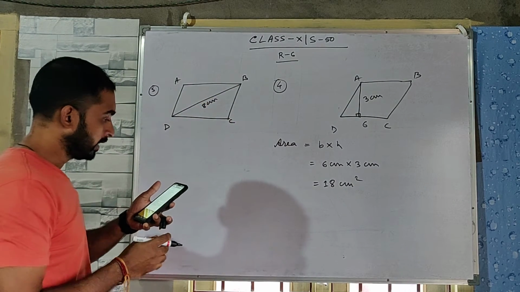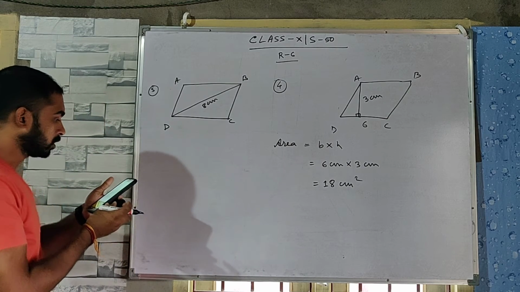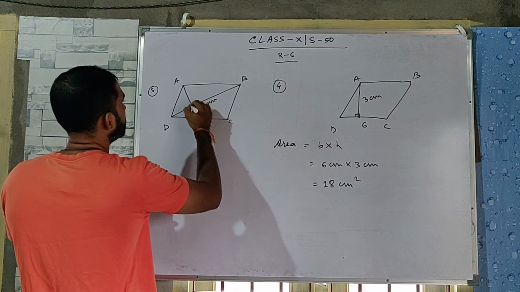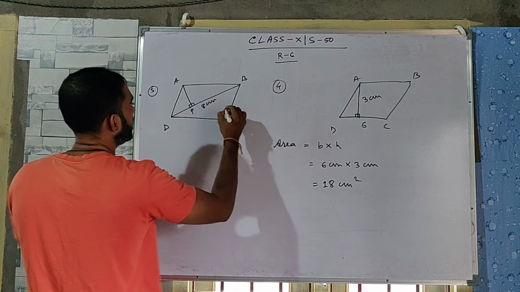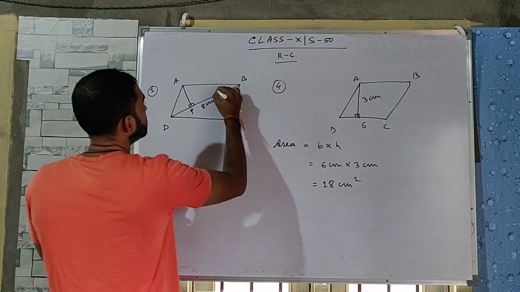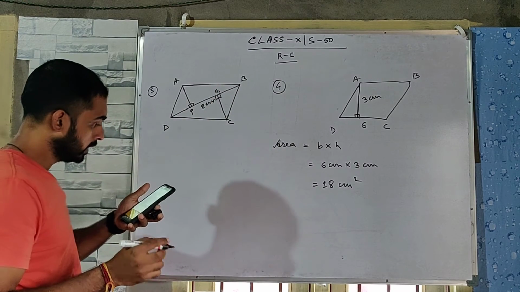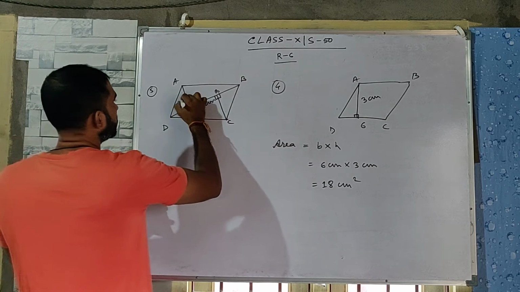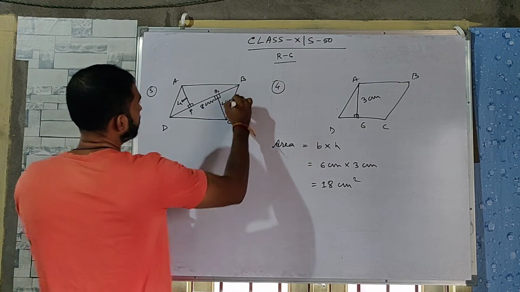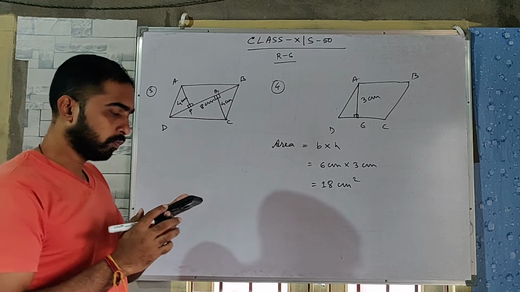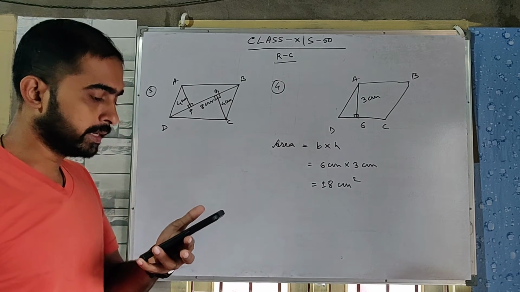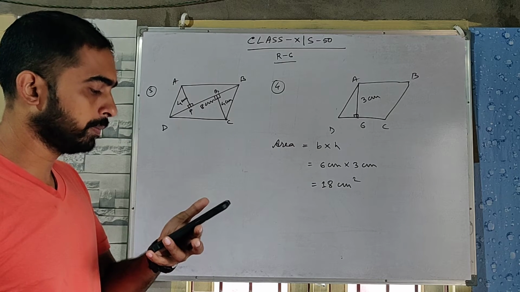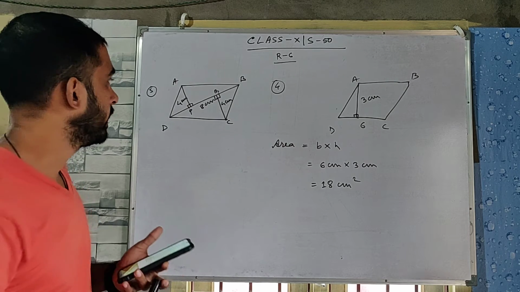And the height of each of the triangles whose common base is the given diagonal: this is the diagonal and this is the height, AP and CQ. The height is given 4 cm. Find the area of the parallelogram.